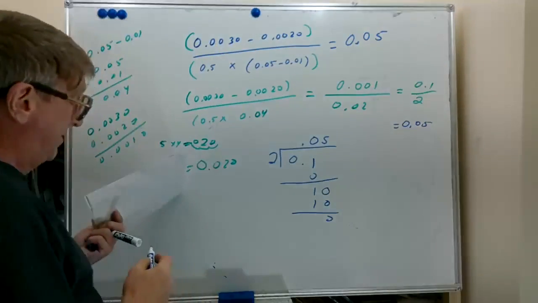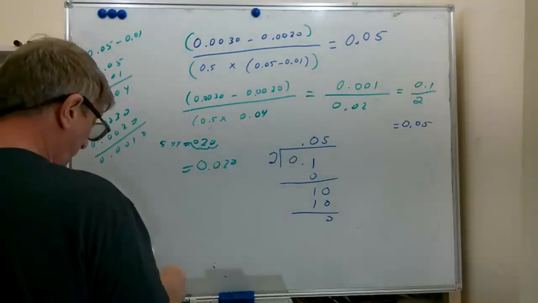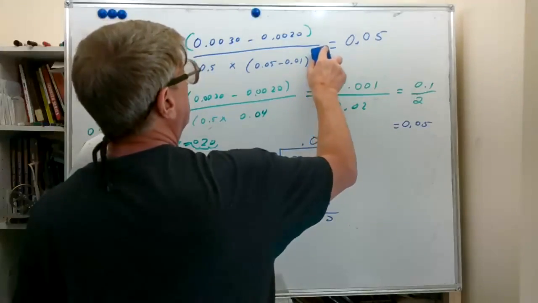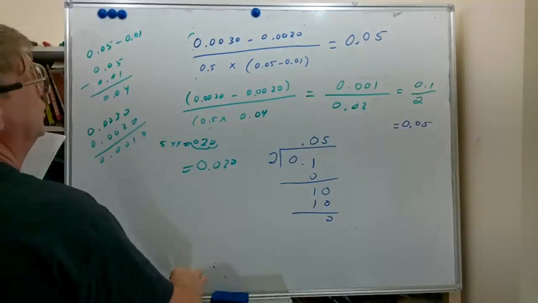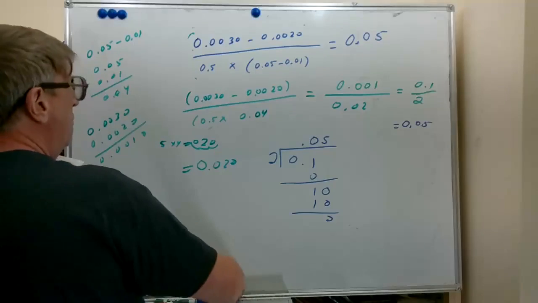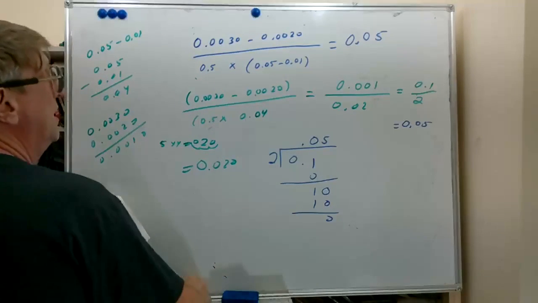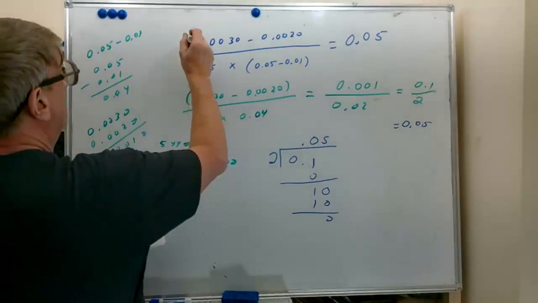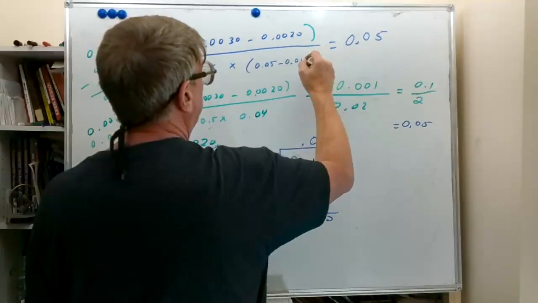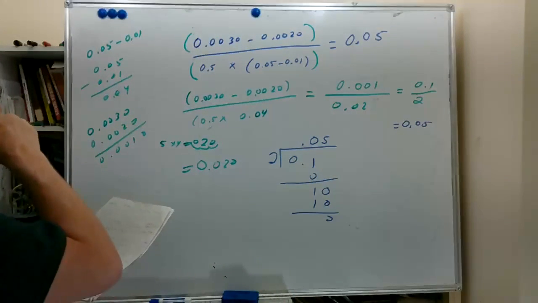And after I corrected my mistakes, we started out with a problem that looked like this. Remembering that the fraction bar works like parentheses, we drew some parentheses in just to keep our eye focused correctly.